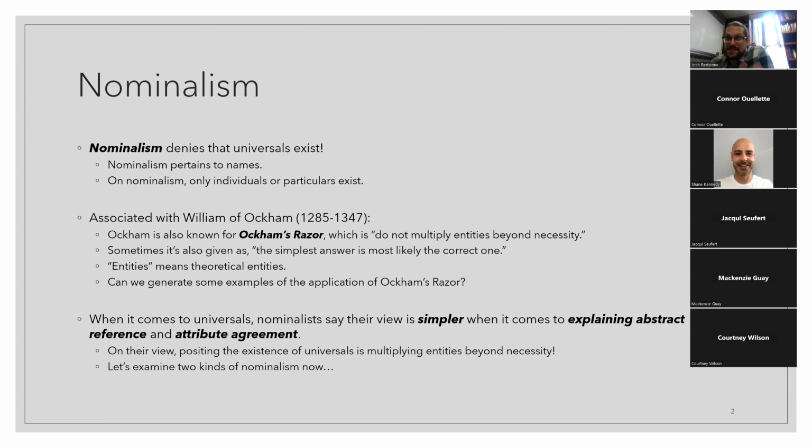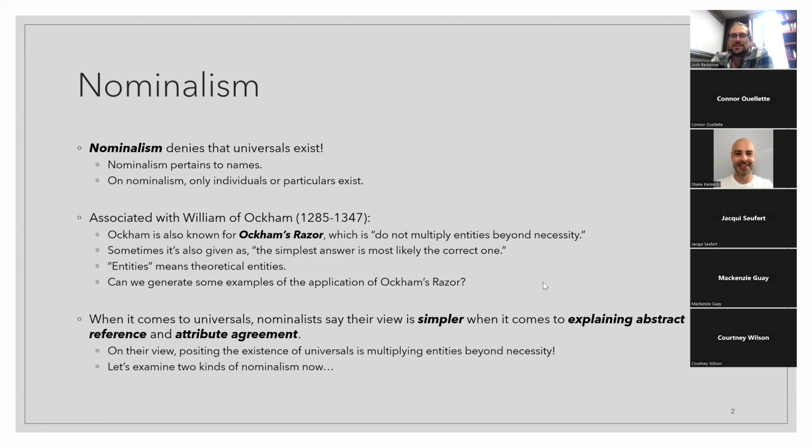Now, if you're a nominalist and you're following Occam's razor, you're going to say, well, universals, that's an unwarranted assumption. That's an unnecessary entity. We don't need those. There's nothing to explain. My apples are green, my pears are green, my plant is green, Kermit the Frog is green.